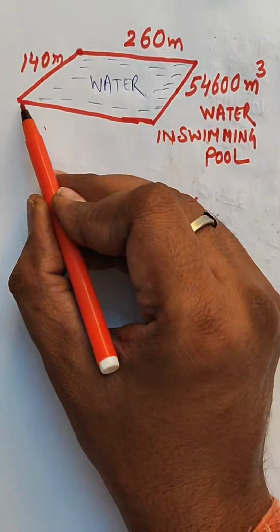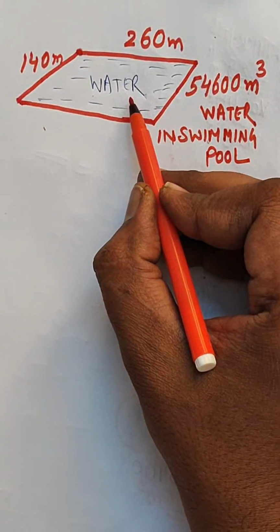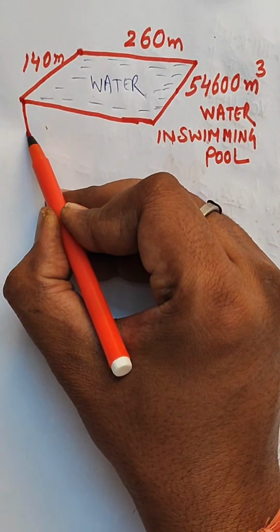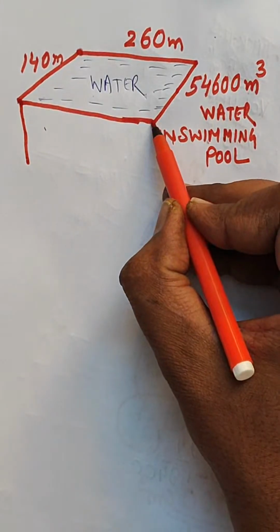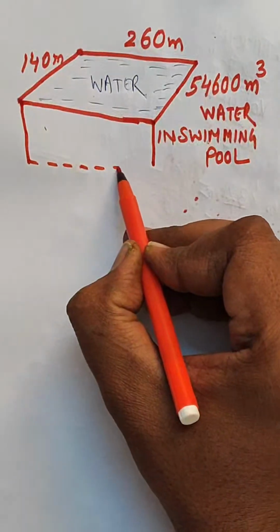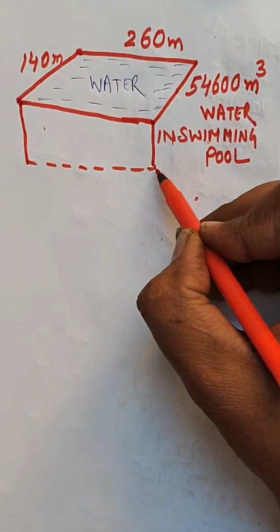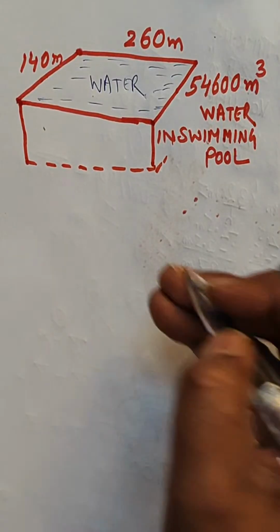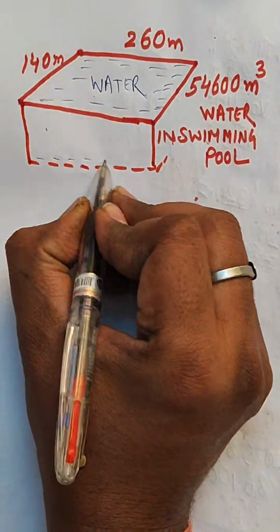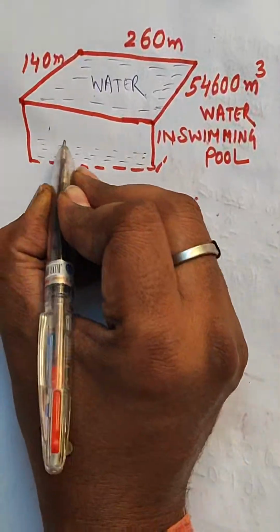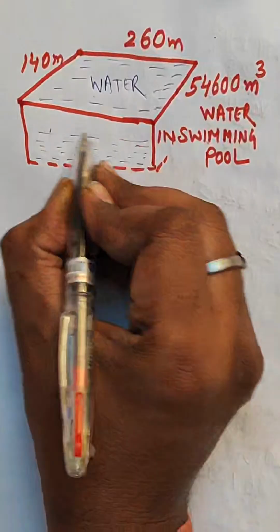So that means this swimming pool also has a certain depth. If this pool has a certain depth, then definitely this water is filled till the floor of the pool.